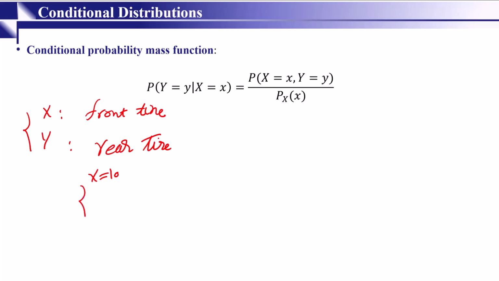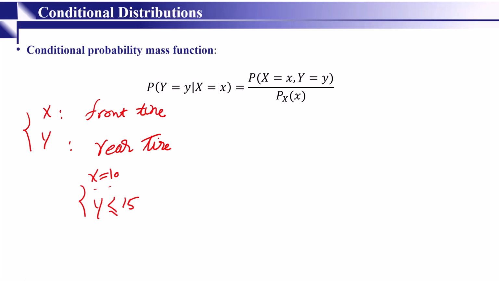Then what is the probability that y is less than or equal to 15? It means the rear tire lasts at most 15 months. Additionally, what is the expected lifetime of the rear tire if x is equal to 10? These questions can be answered using conditional probability.